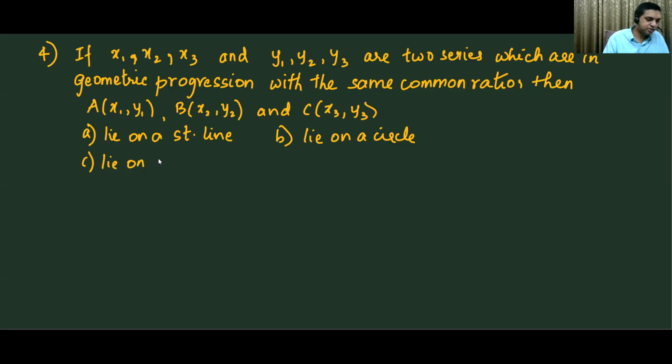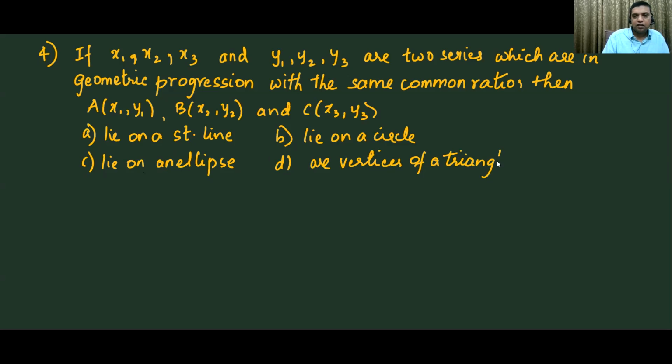You don't know these equations right now. Ellipse and circle, but straight line you can understand. And are vertices of a triangle. If fourth is correct, the first cannot be correct. Okay, if points lie on a straight line, they cannot form a triangle. So either the fourth is correct or A is correct or D is correct. You don't know about these two.